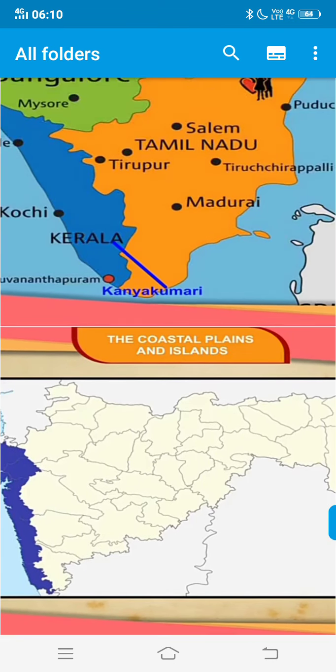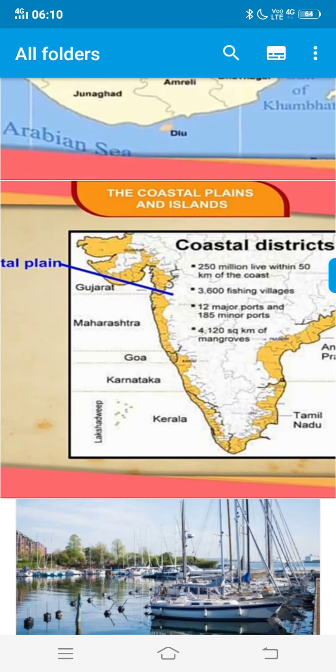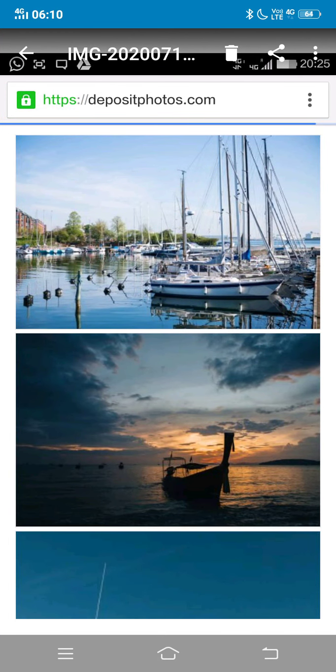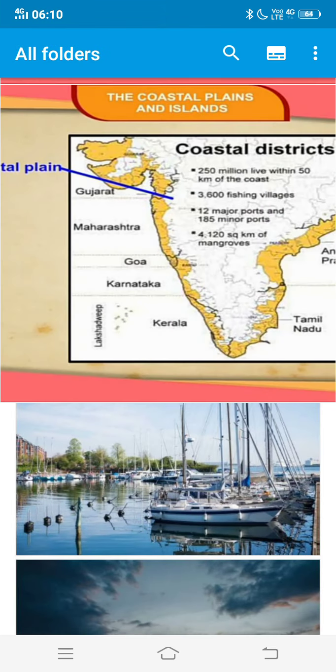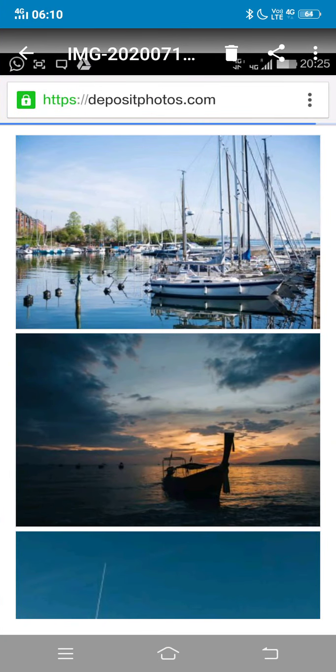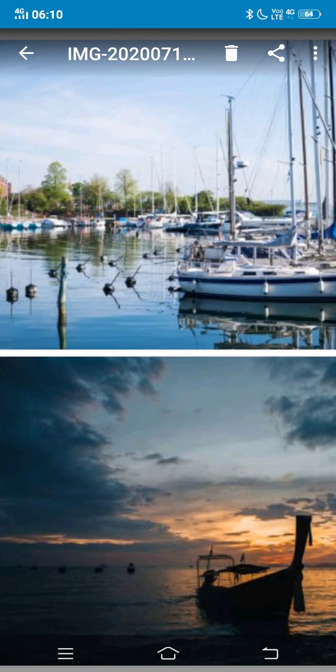Here are the ports. Yes, here are the harbors, children. See, these ships are taking shelter during the high waves.